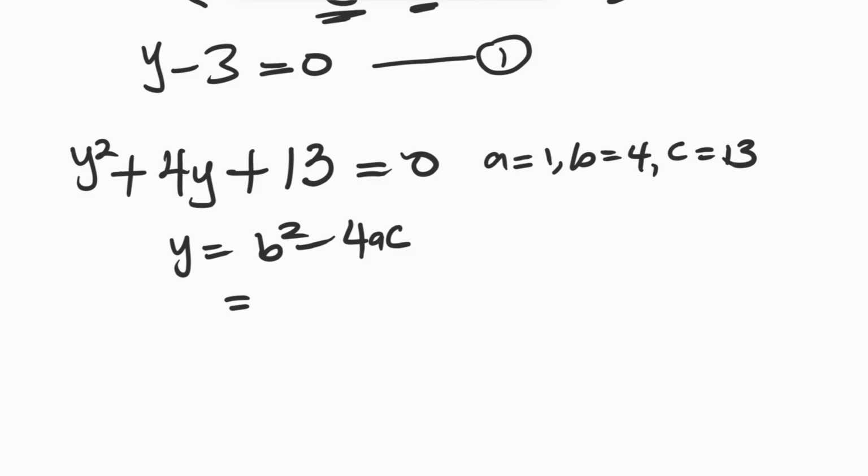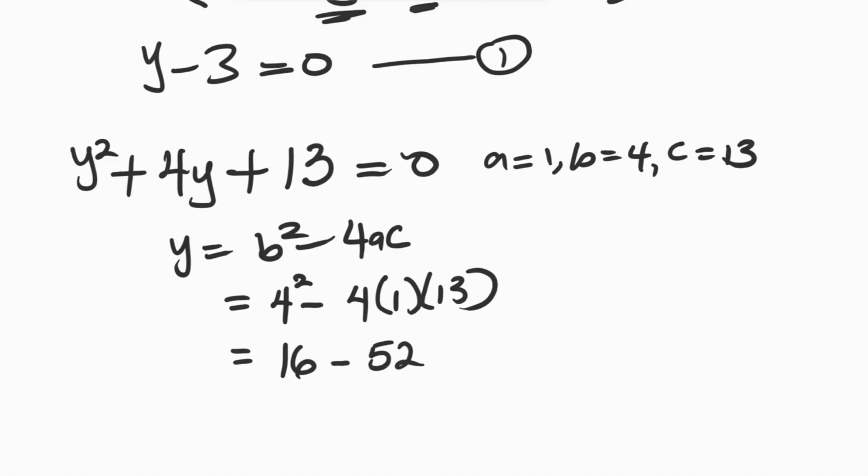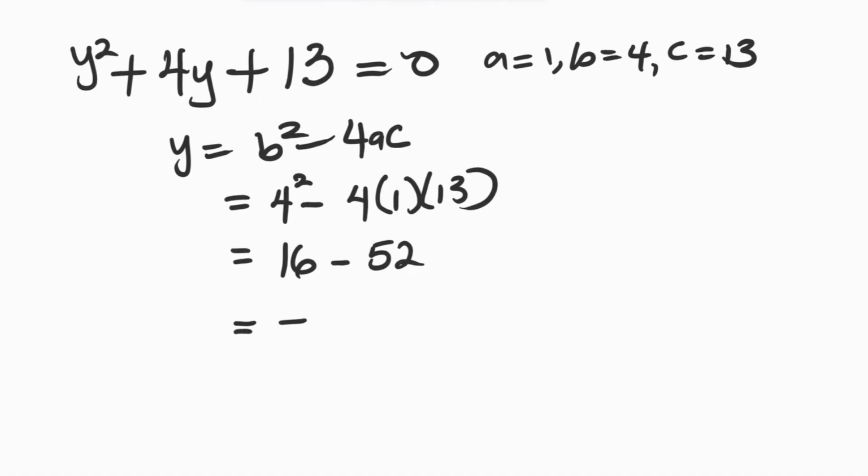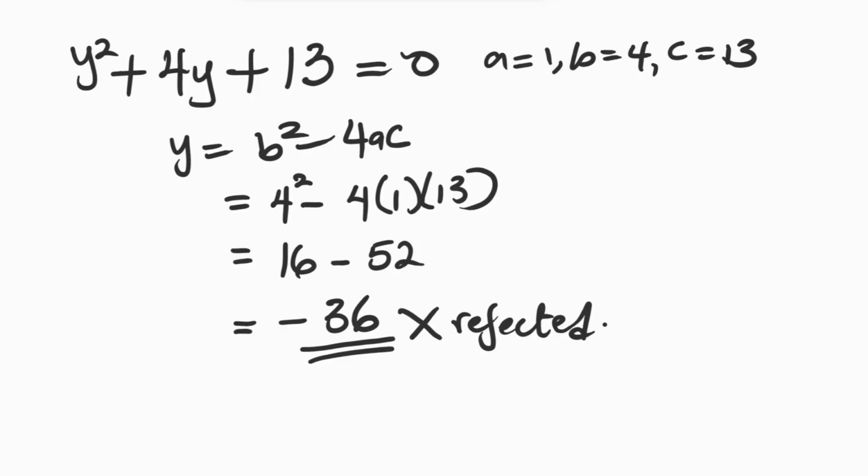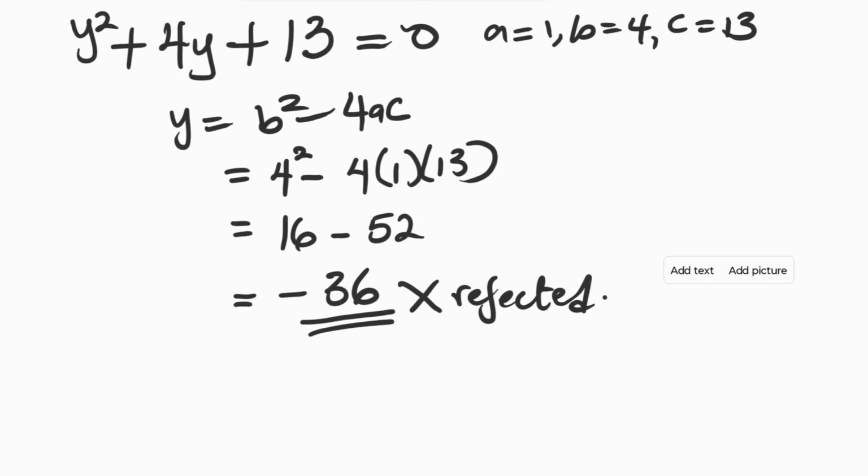So we have 4 squared minus 4 into bracket 1 and 13. So this becomes 16 minus 52, which will give us minus 36. And so we have to reject this, okay, because of the negative sign.